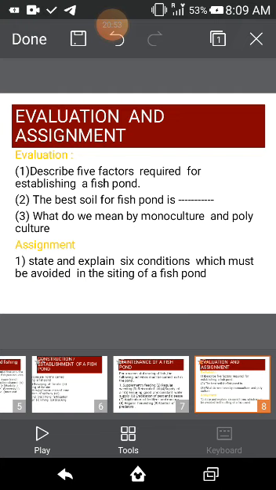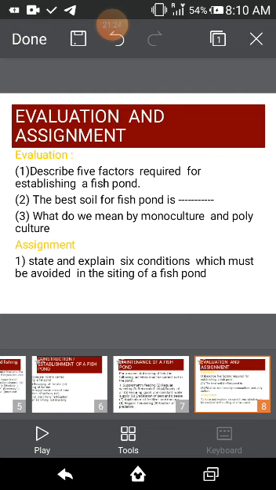Factors required in fish pond establishment, such as availability of water, availability of fingerlings, topography, size and location of the site, soil particles. Then the best soil for fish pond is clay soil. Remember that clay soil helps to retain water.